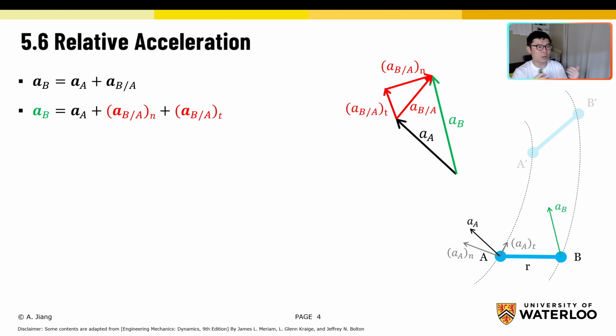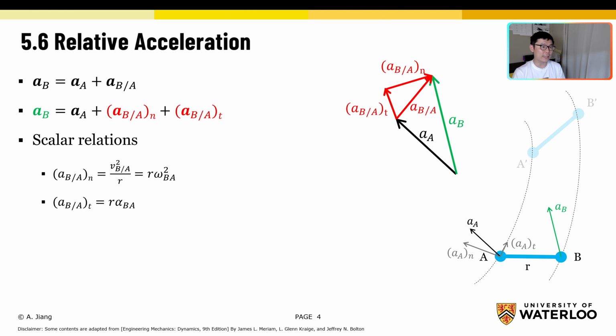I just made this geometry bigger so we can see it better. Based on the vector geometry, this equation can be written as AB equals AA plus the n component of acceleration B relative to A and the t component AB/A.